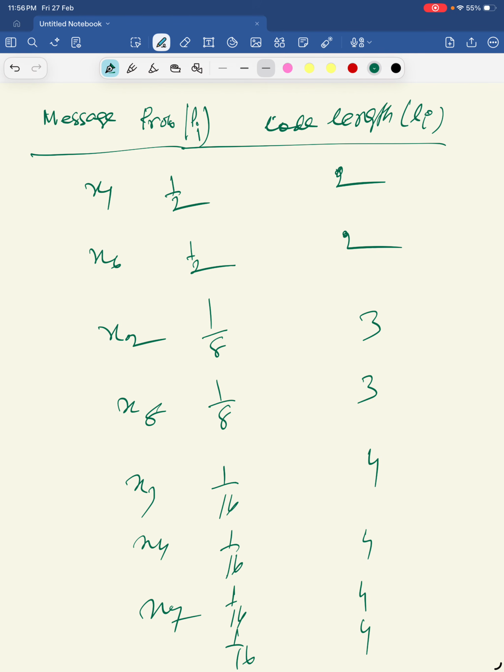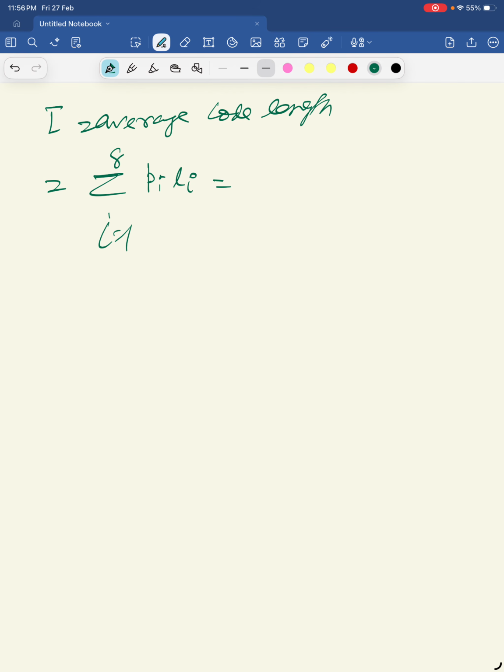So now we will calculate the average code length, that is L bar. Average code length L bar is equal to the summation over i equal to 1 to 8. How many numbers are there? 8 probabilities are there. So pi li. If we calculate it, it will be 1 by 4 into 2 plus 1 by 8 into 3 plus 1 by 16 into 4 plus 1 by 16 into 4.